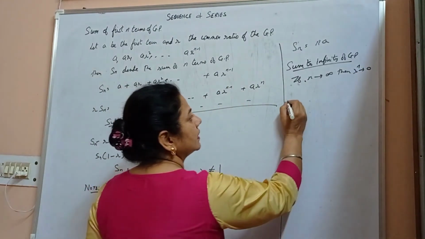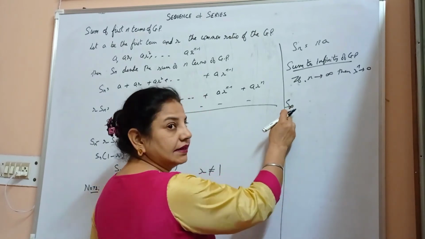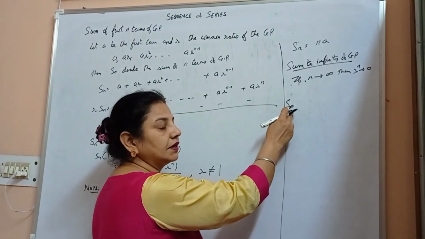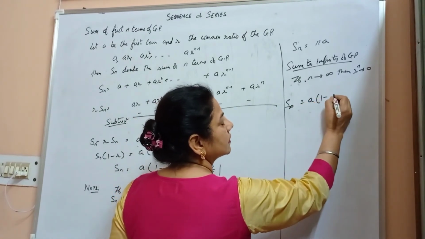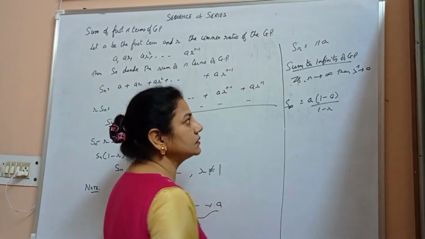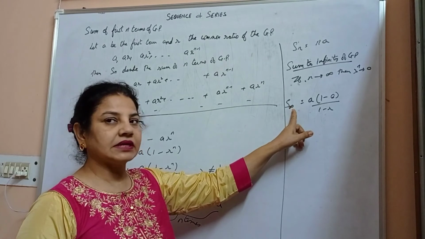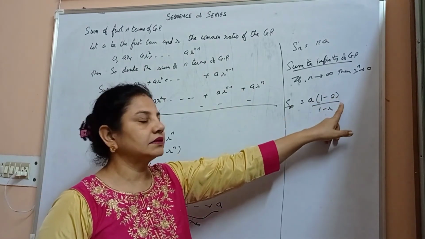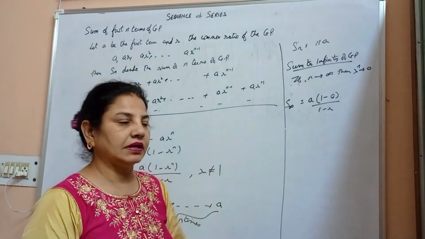So S infinity is equal to A times 1 minus 0 upon 1 minus R.